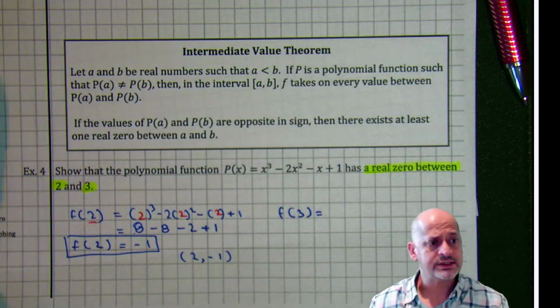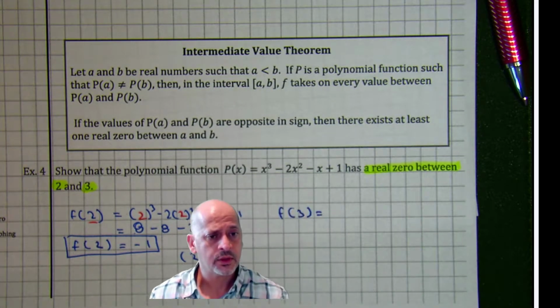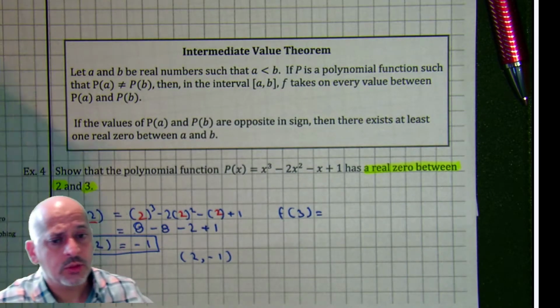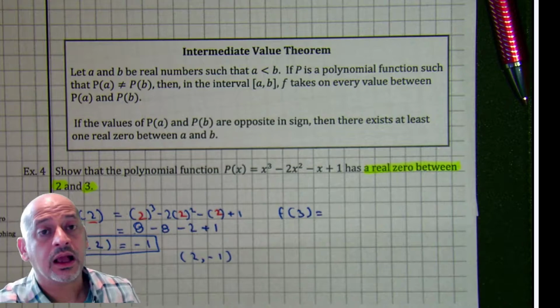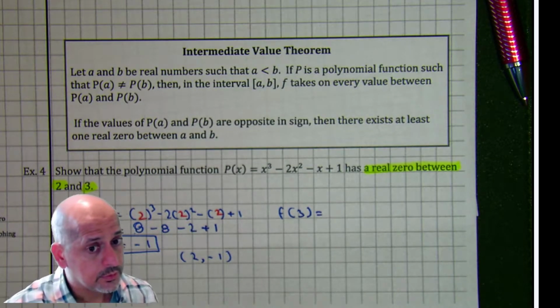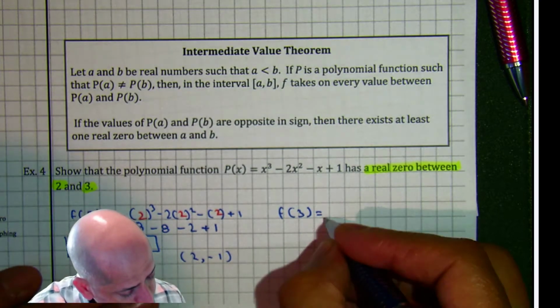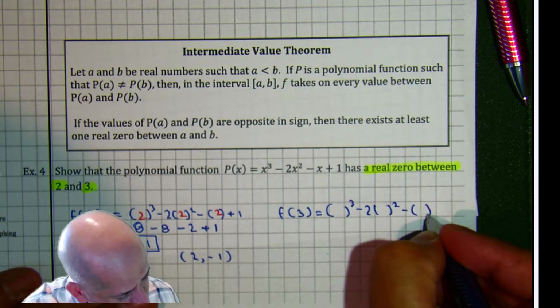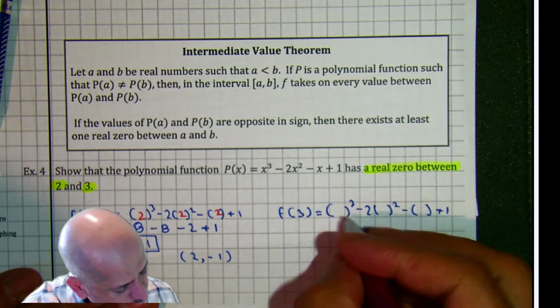Whenever you see this notation, it corresponds to a specific point on the graph. Now let's do the second one. For the second one, we're going to go through exactly the same process. So go and pause it, find f of 3 algebraically, and see what you get. Got it? In this case, this will be x to the third minus 2x squared minus x plus 1. But instead of x, now I'm going to plug in a 3.